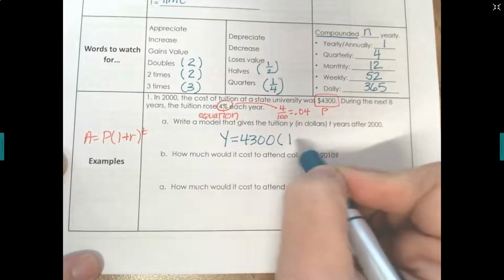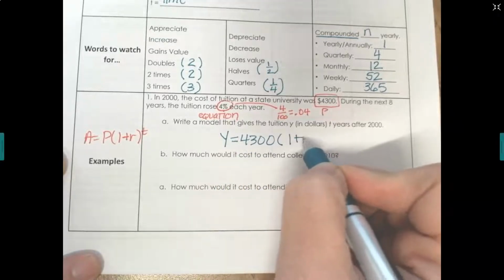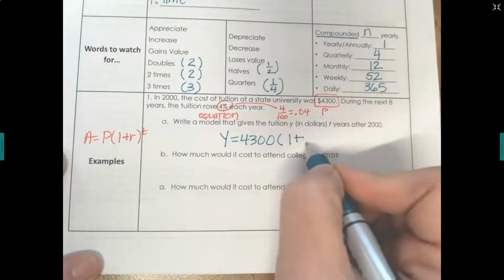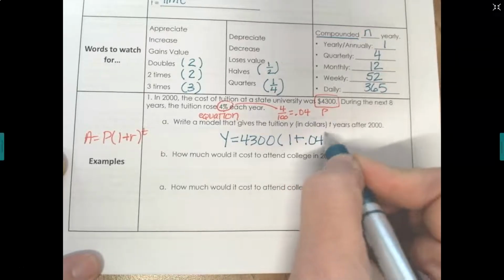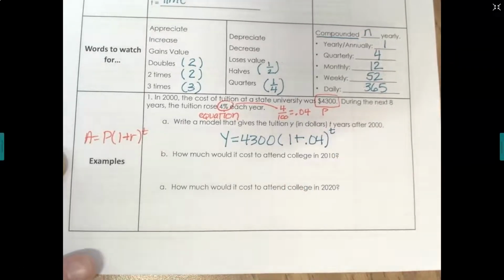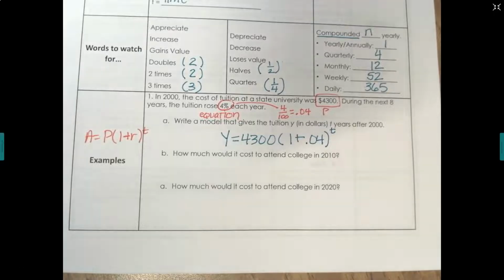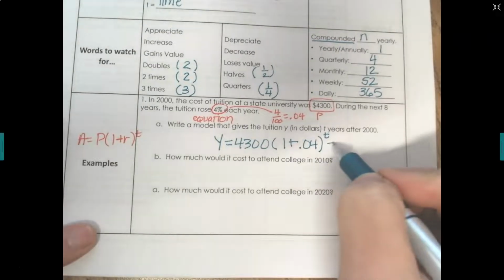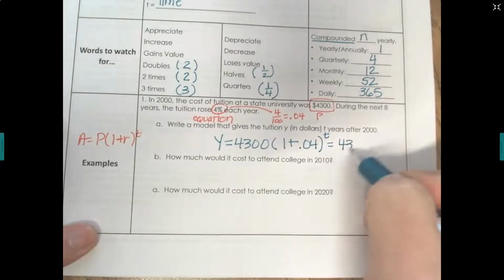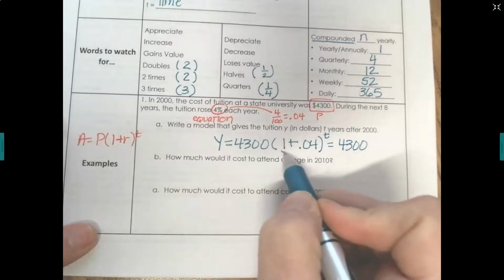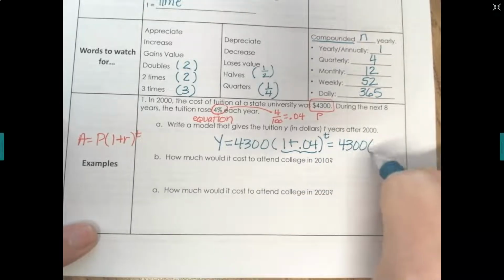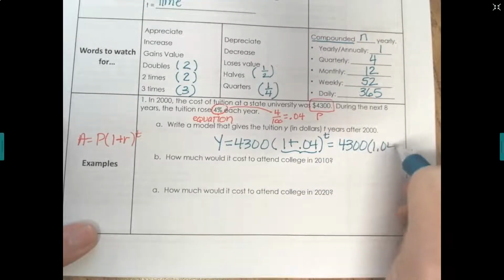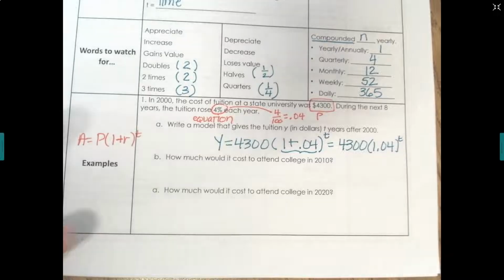This is a growth problem because it's rising, 1 plus, and then our R value is 0.04 to T. So this is the model for this. And a lot of times you'll see they'll go ahead and combine these two because they're like terms. So you'll see 1.04 to the T. Those say the same thing.